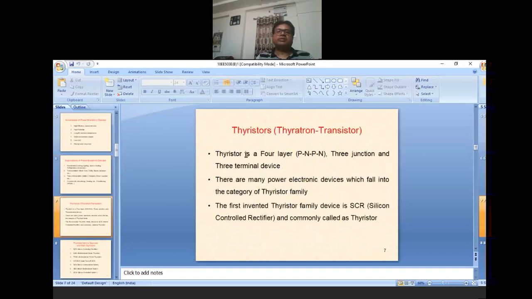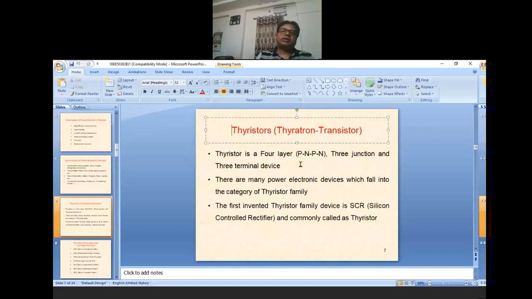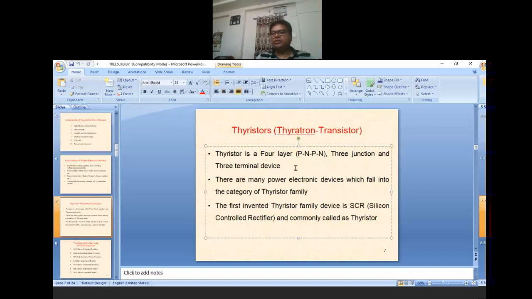The basic type of power electronic device which we have already mentioned is the thyristor. The name is derived from its operation and working as a combination of thyratron and transistor. When it comes to the actual definition, a thyristor is a four layer PNPN, three junction and three terminal device.